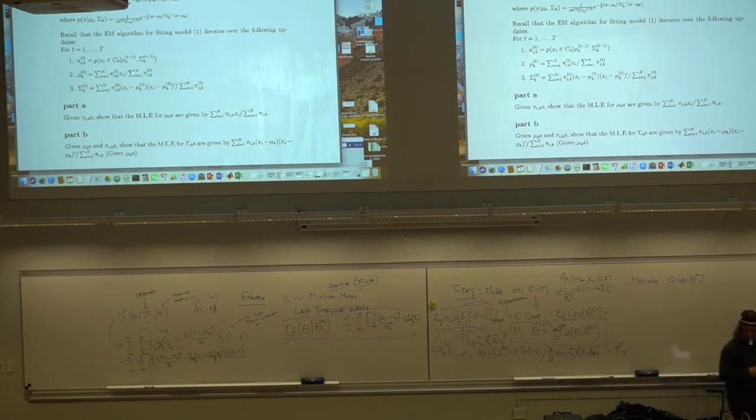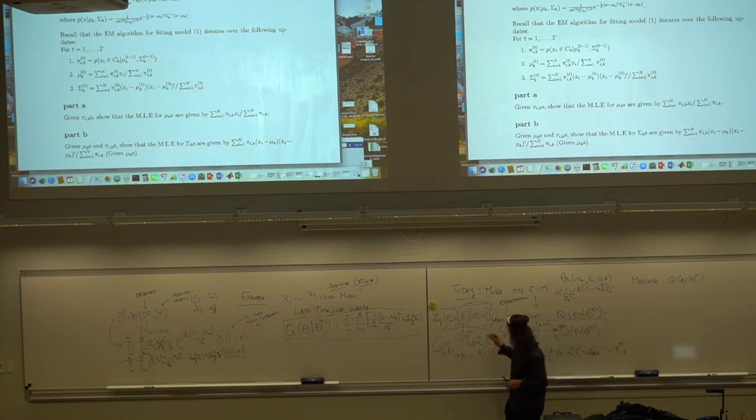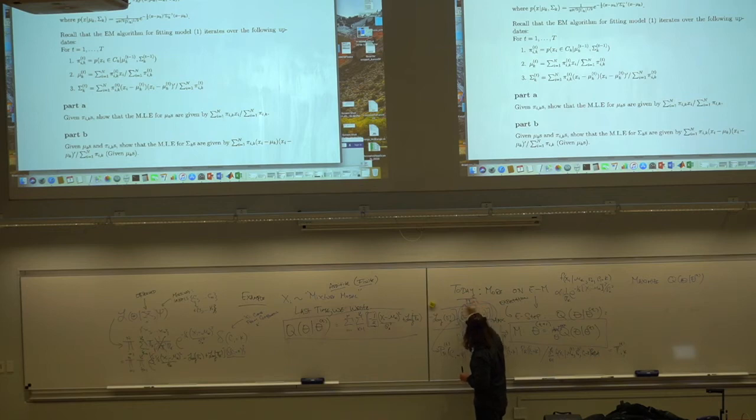Yeah, absolutely. Okay. I can rewrite this equation just with this suppressed notation right here, calling this thing pi i k at the t iteration.